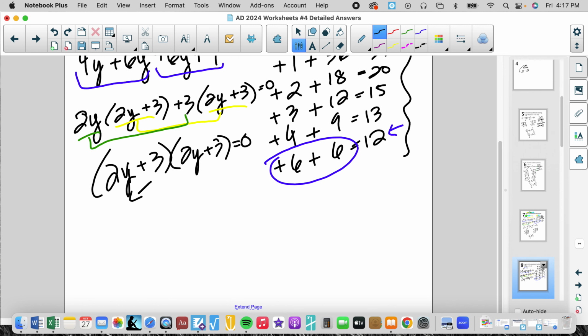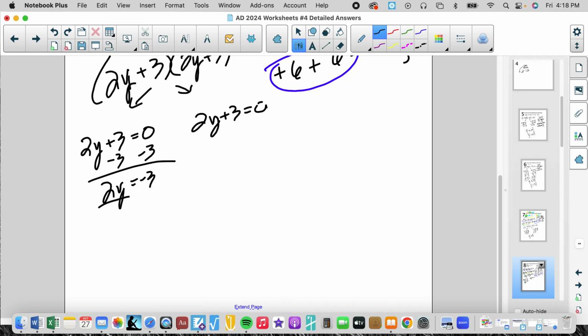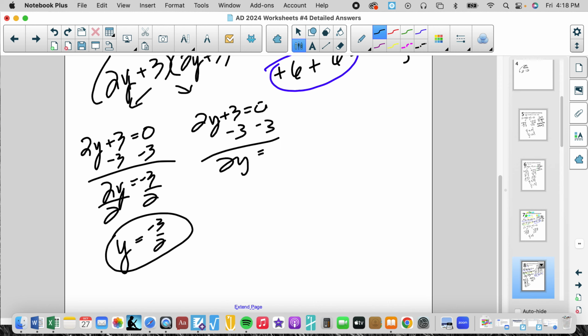So let's separate each one. One of these must be equal to 0. So what value for y makes that 0? And what value for y makes this 0? Minus 3, 2y equals negative 3.